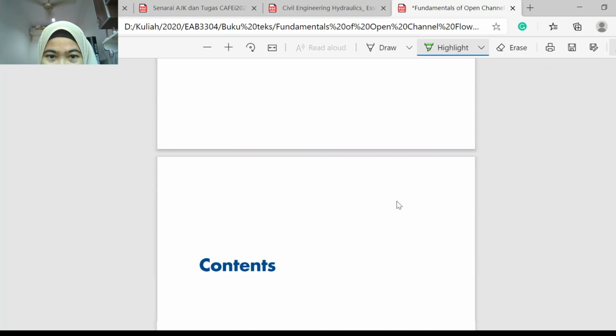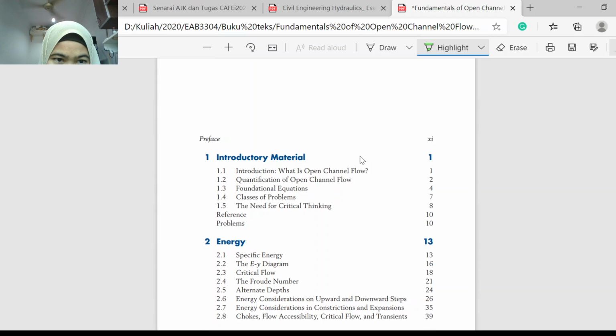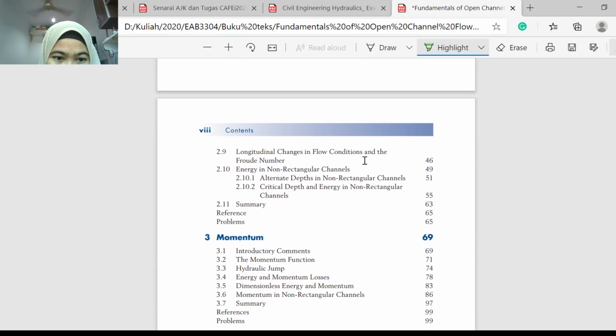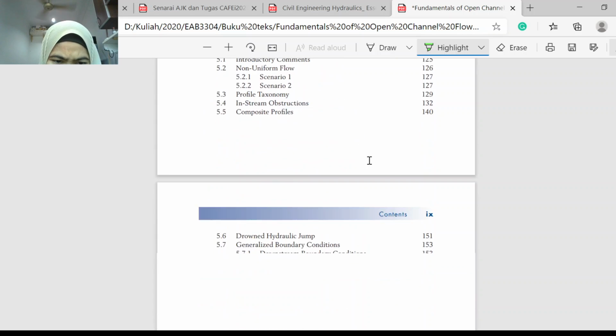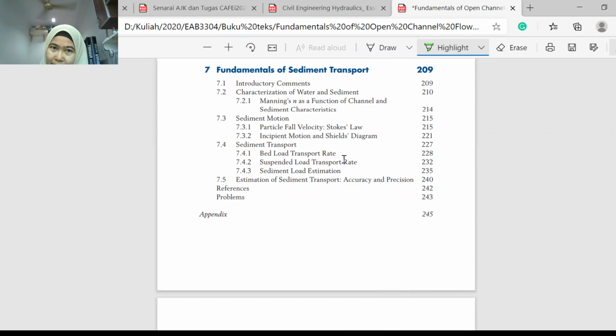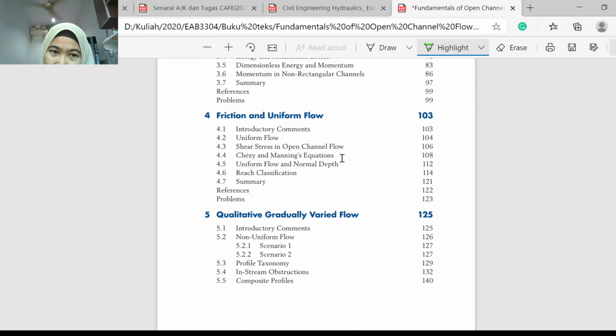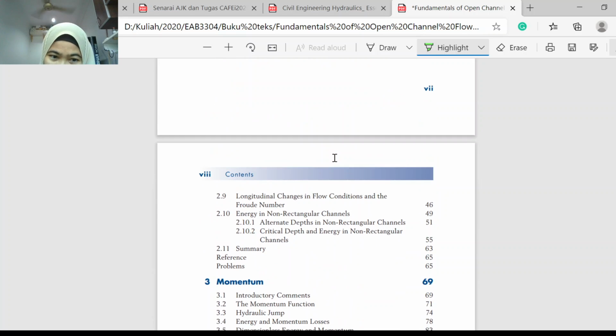Let's see the contents. So this is the contents of the textbook. If I'm not mistaken, there are 8 chapters, maybe 7 chapters in this book. Yes, 7 chapters in this book. We are only going to learn the topics which are included in the syllabus.